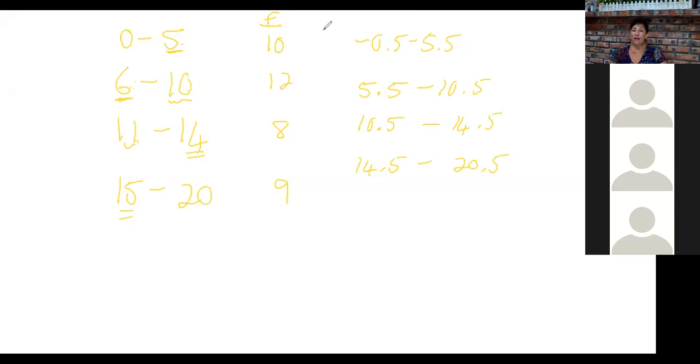Right, and from that, you can find the class width. So 10.5 minus 5.5 is 5. 5.5 minus minus 0.5 would be 6. 14.5 minus 10.5 is 4, and that is 6. So you could find the width.